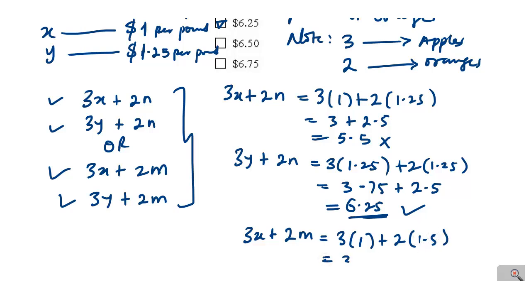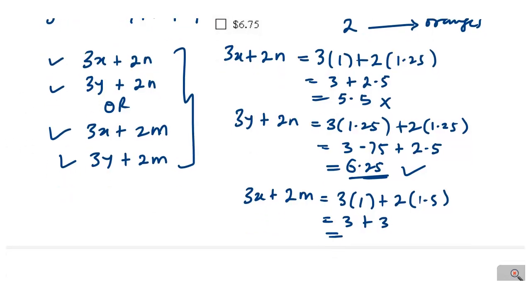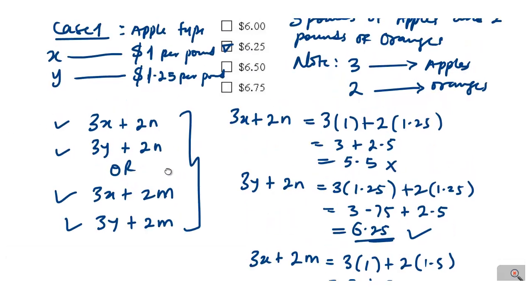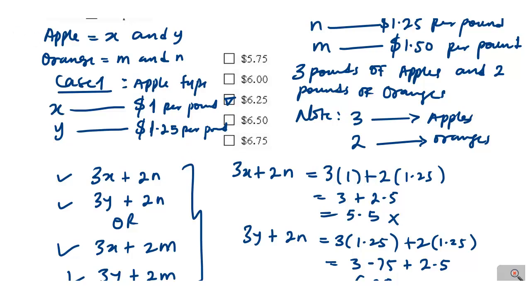So 3 times 1 is 3, plus 2 times 1.5, which gives us 3. So 3 plus 3 is equal to 6. Do we have 6 captured in the options? Yes, it is captured here, so this one has been taken.